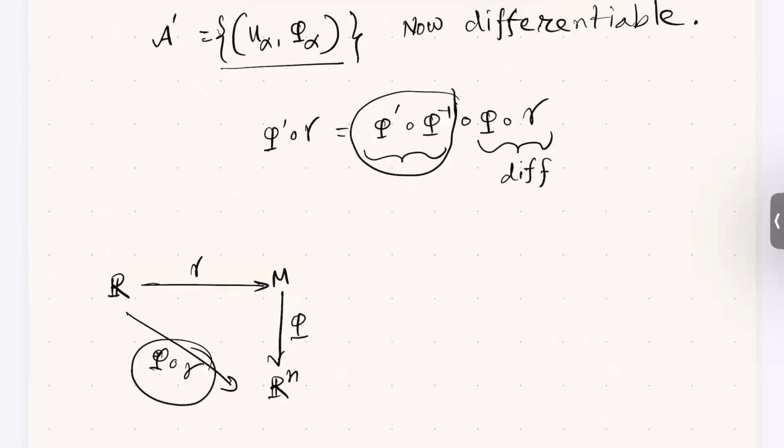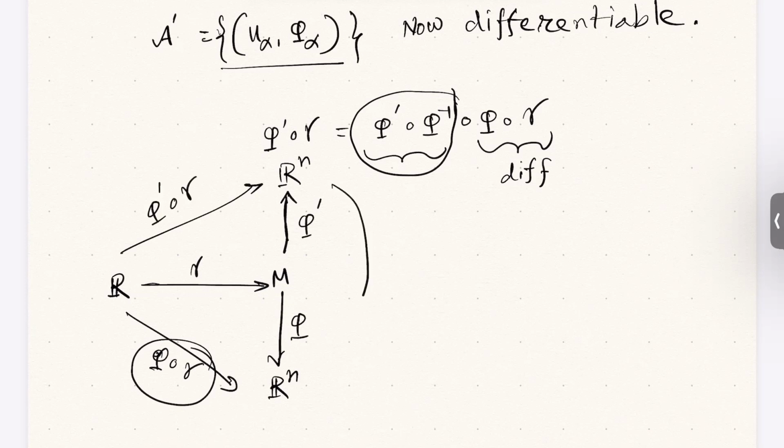What do we require for this map to be differentiable? I need to check the compatibility. If I have another chart map here, phi prime to some Rn, then I need to check phi prime after phi inverse. If this is differentiable, then phi prime after gamma is also differentiable.